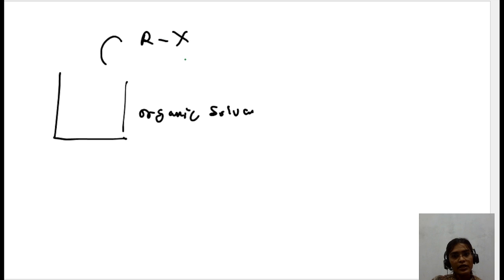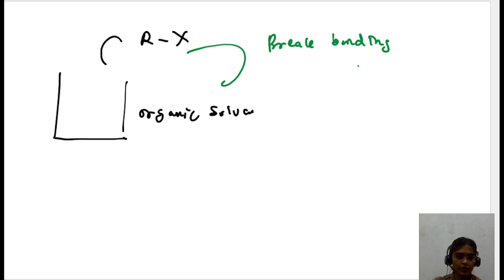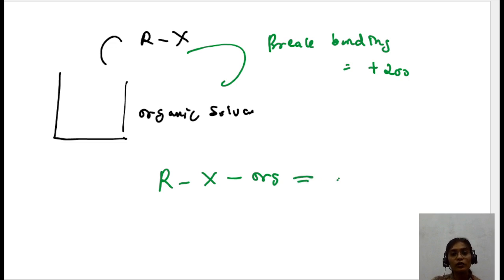Here also, in both cases you have to break the bond, so breaking the bonds requires, let's say, plus 200 energy. But this time the RX bond with the organic solvent releases, let's say, minus 300 energy. So this time the released energy is more than the required one, and yes, it is a great deal, and the molecule is going to follow this.